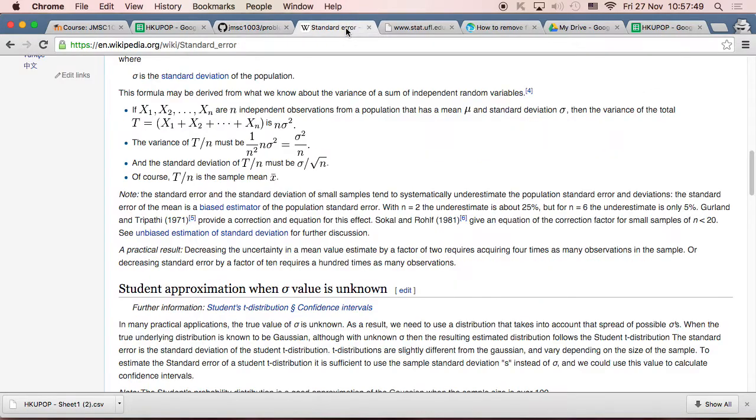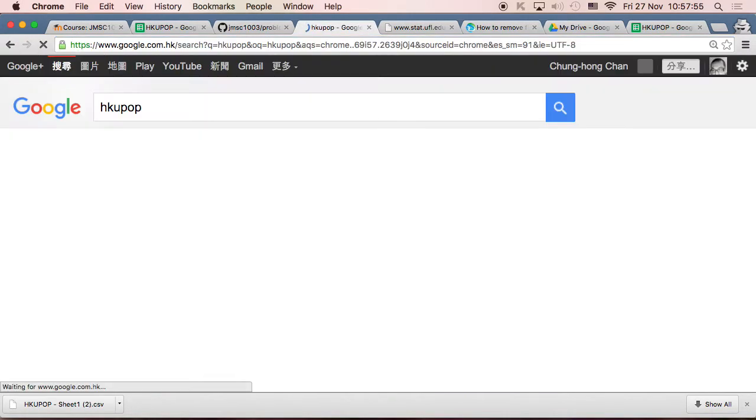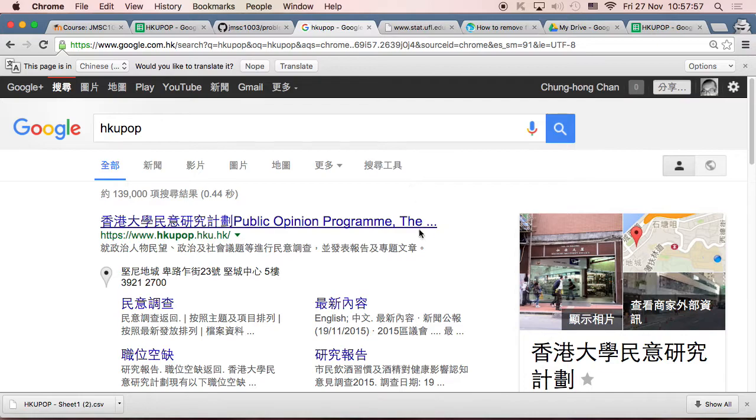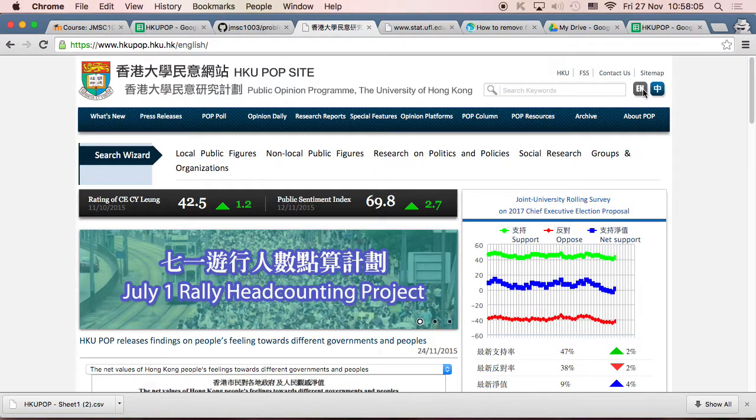We can look at the data by Googling HKU POP.